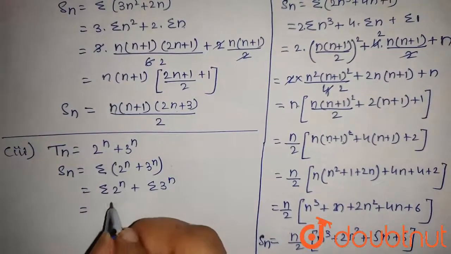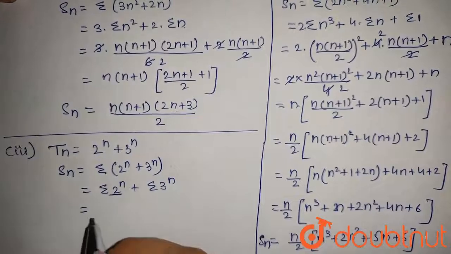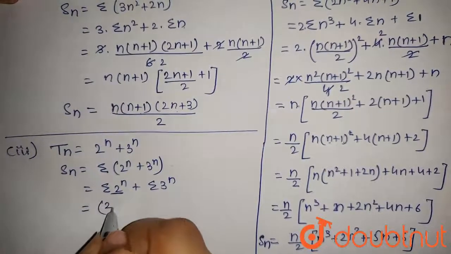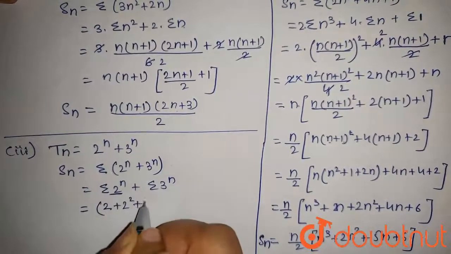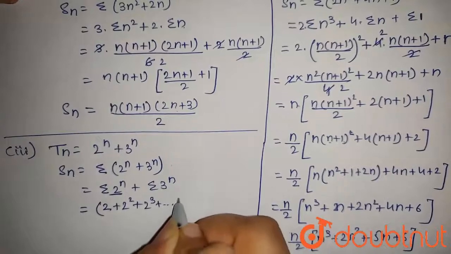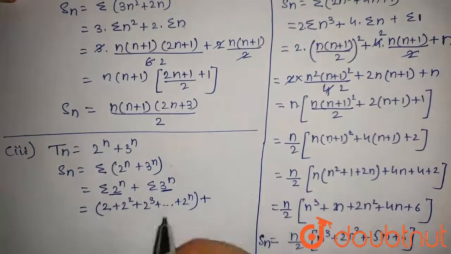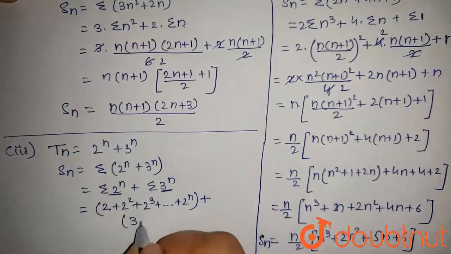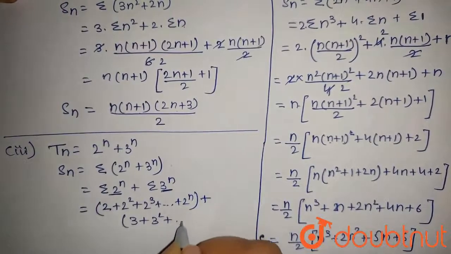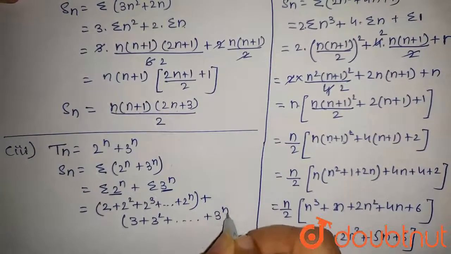Now this summation of 2 to the power n will be 2 plus 2 square plus 2 cube and so on till 2 to the power n, plus this summation of 3 to the power n will be 3 plus 3 square and so on till 3 to the power n.